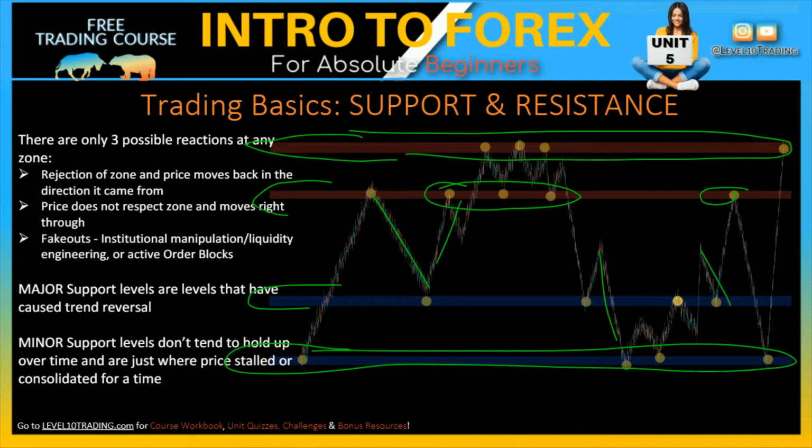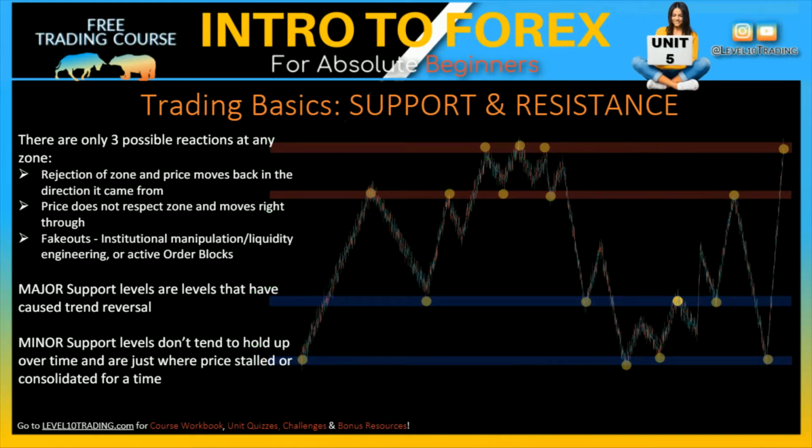They were the ones that were disrespected the most. They were the ones where price tended to blow through, but they are still zones to be marked and looked at and are areas of interest. And you can learn, in the market where the trends reversed, to be able to tell yourself where major and minor zones are.